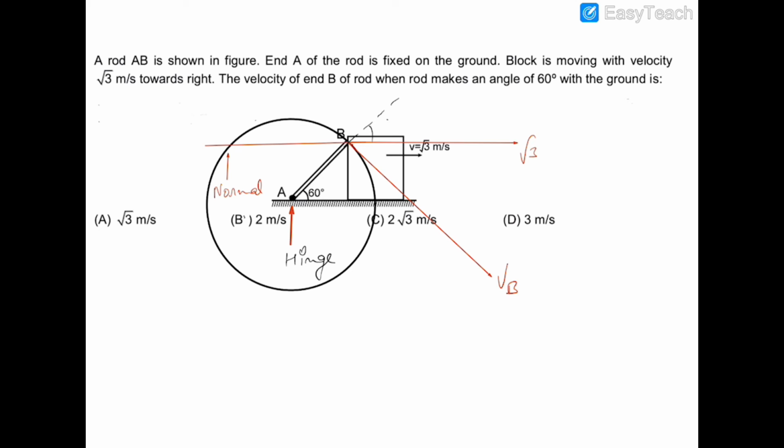This angle will be 60 and this angle will be 30. So its velocity along the normal will be VB cos 30.